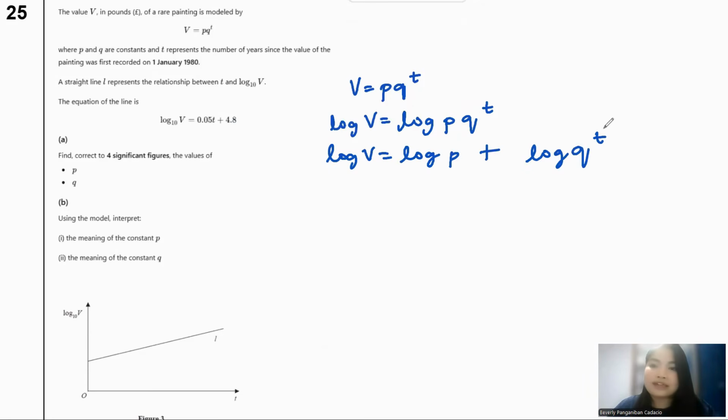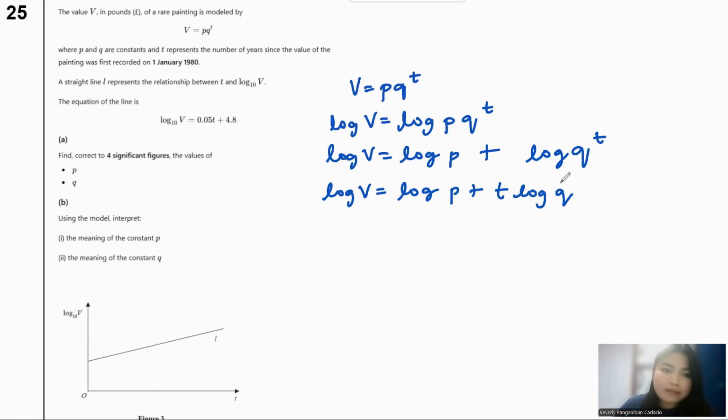But I'm still not done. This t, I can put that in front because there's a power rule in the laws of logarithms, which I can just put here in front. Log V is equal to log P plus t log Q. And that's it. We are done properly expanding the logs.